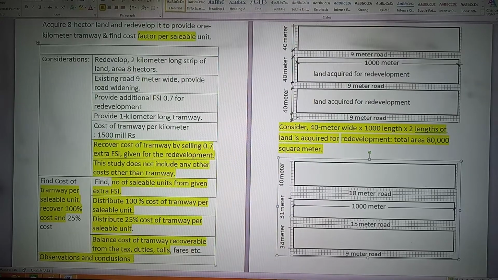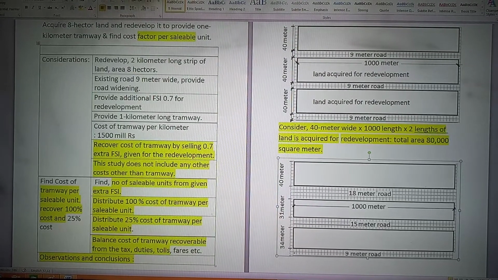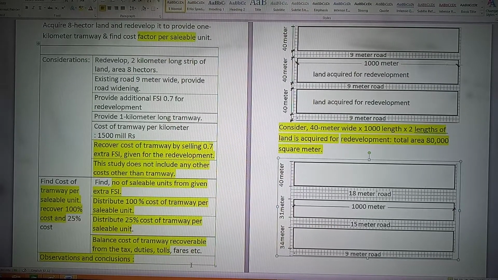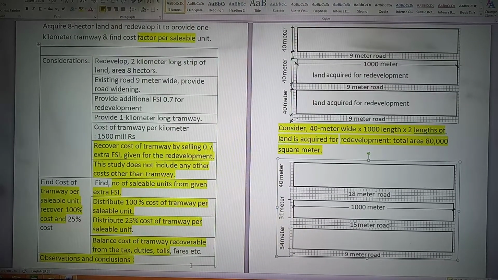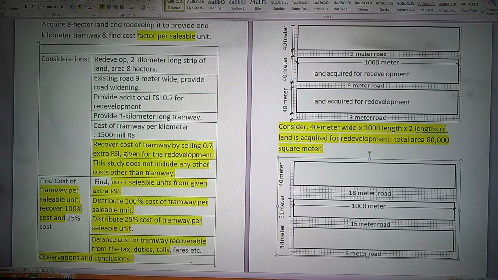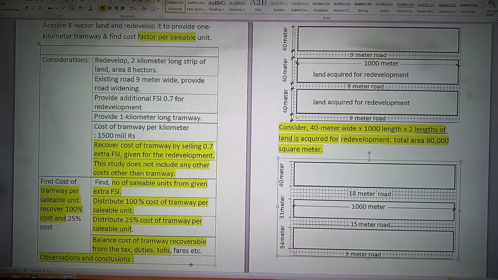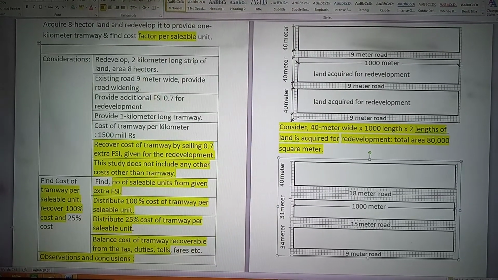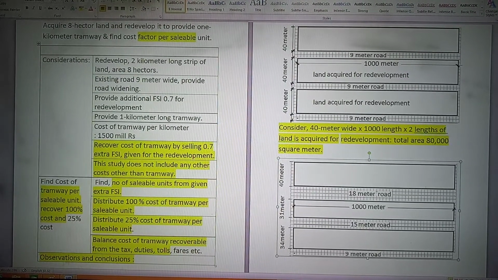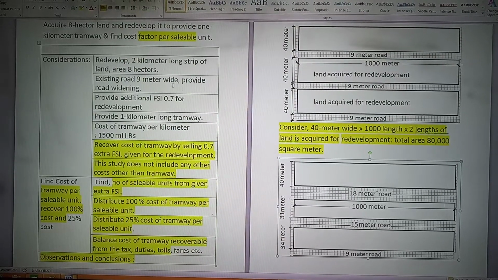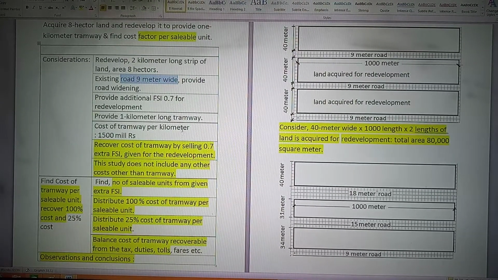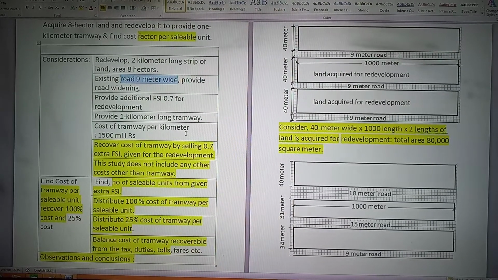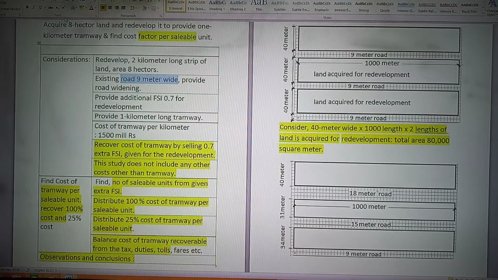Today's video is to find out how to provide a 1 kilometer long tramway in a congested place where the existing road widths are 9 meters, and further how to find out the cost per saleable unit.